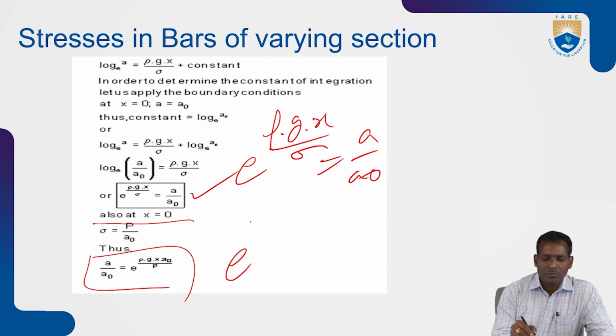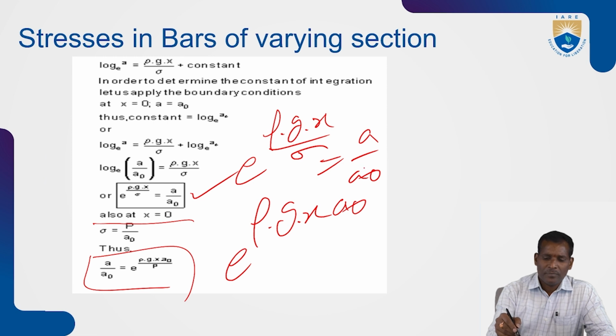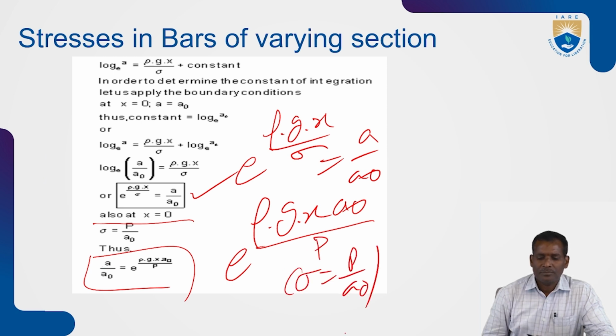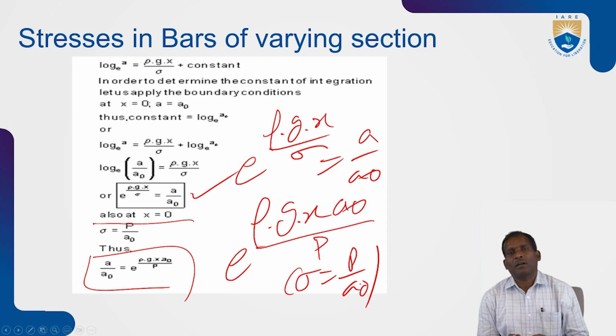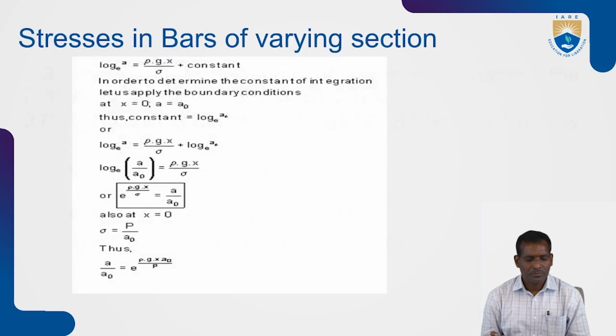In this, substitute the sigma value: g into x, A naught, multiplied, divided by P. Why? Because here sigma is equal to P by A naught. In this equation sigma is given, so you are writing load upon area at 0. So we will get A by A naught.